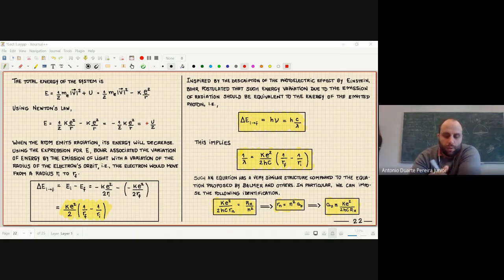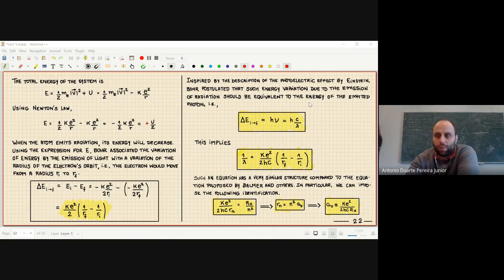So this is an expression that comes out from Newton, from classical dynamics. And now comes the key point. I will mention that, and we are going to stop for the break. Bohr was aware of these developments about the photoelectric effect and so on.